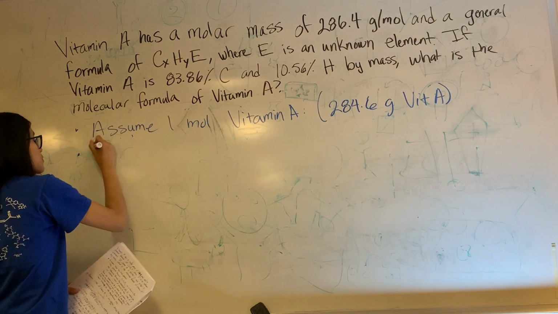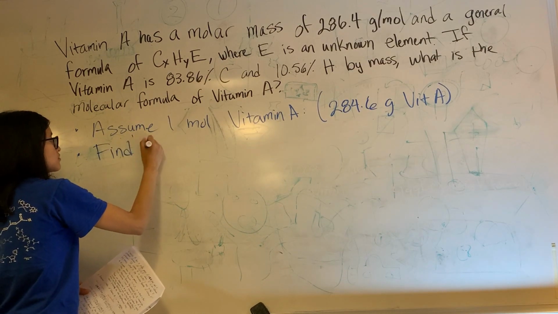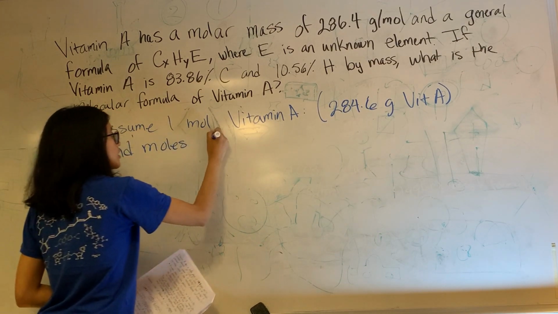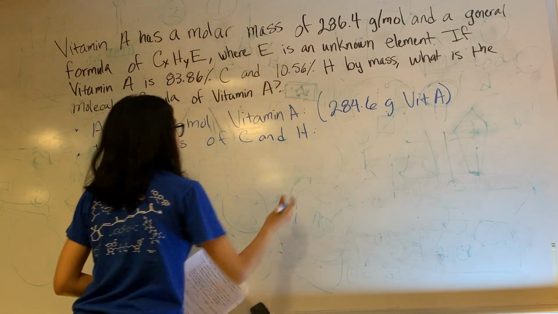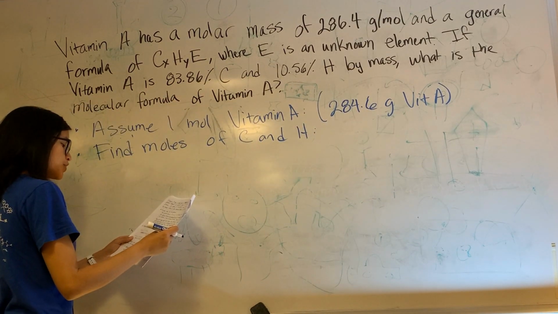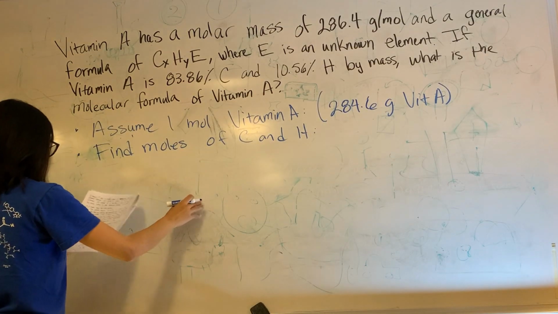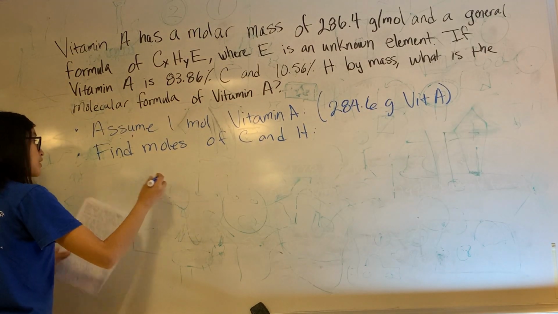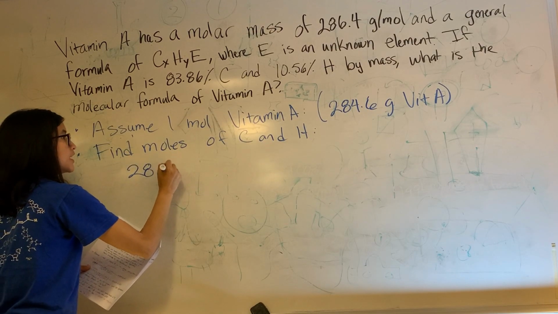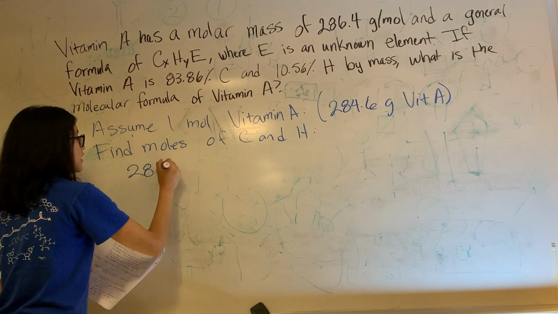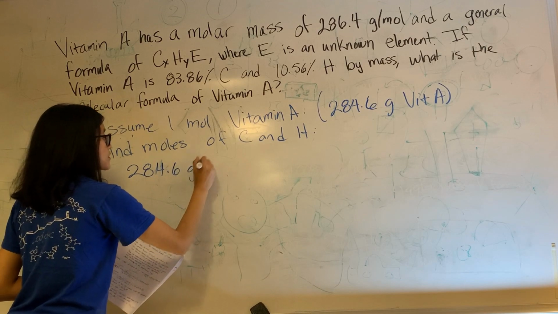So find moles of C and H. Okay. So for this, you start off with your grams of vitamin A. So you've got 284.6 grams of vitamin A.